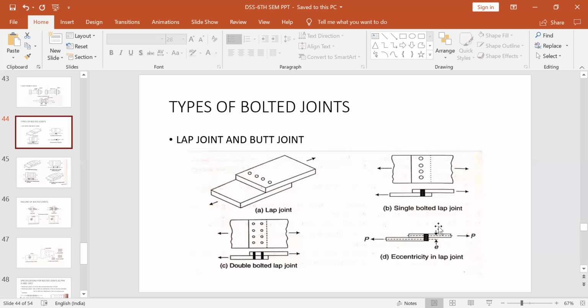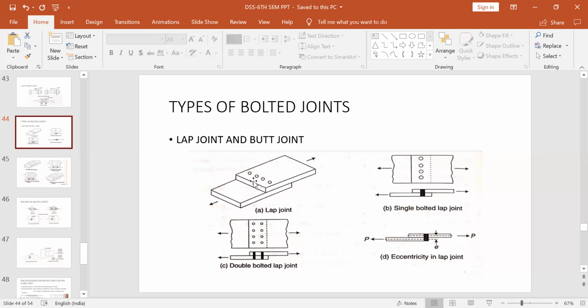Because of this eccentricity, it will develop additional stresses, secondary stresses or bending stresses in this joint. In order to reduce such stresses, we cannot simply go with one line. You have to give two rows or two lines of rivets in order to counteract the additional stresses due to bending. Now this is one of the major disadvantages in a lap joint.